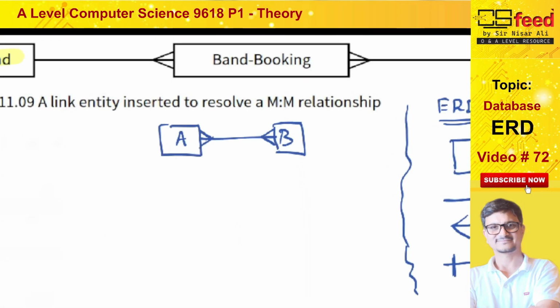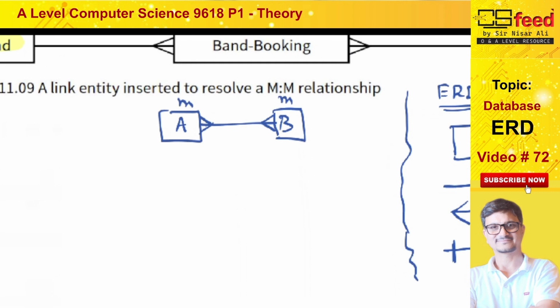So this is many and this is many. So what is the solution? That we create a link table to break the many-to-many relationship. So this many-to-many relationship is going to be broken, and this will be broken by creating a link table between them.